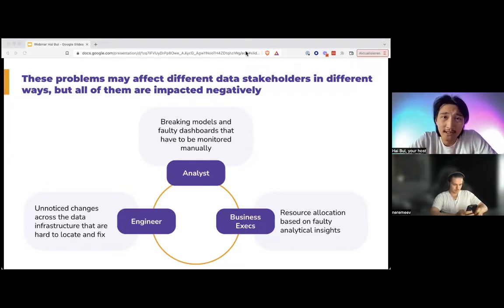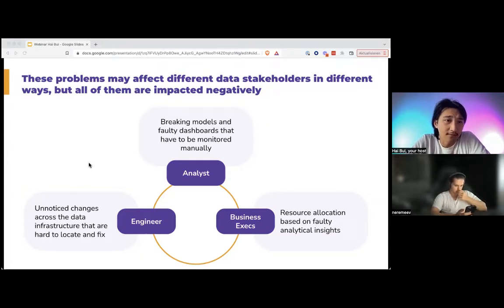But as your data stack grows, as you get more orders or do more ads and you put everything in a pipeline, you want to automate things more. One person can't check everything. And that's when you really want to go into data testing.